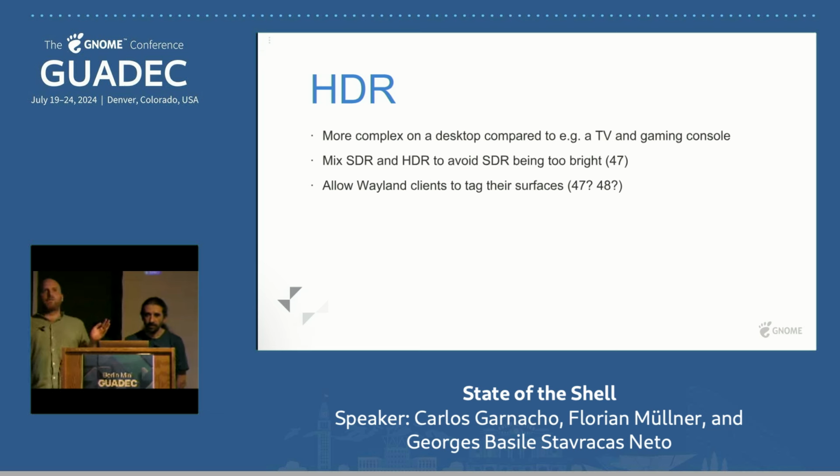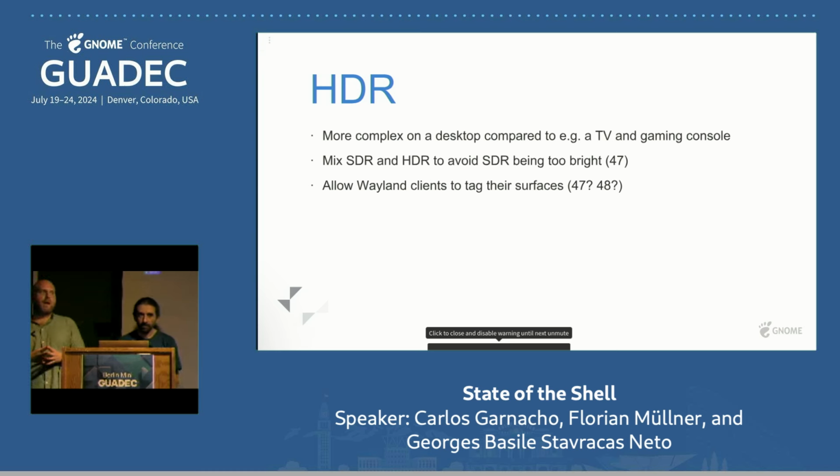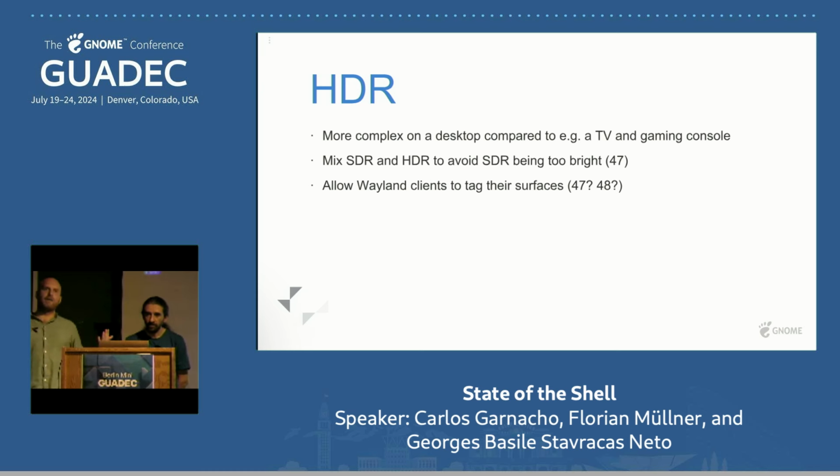Overall, the reason why all this work on HDR takes so long is that in a general desktop environment, things are way more complex than in an embedded space where you might have just one full screen game or one full screen video. We have to mix HDR content with SDR, legacy classical content, in a seamless manner.